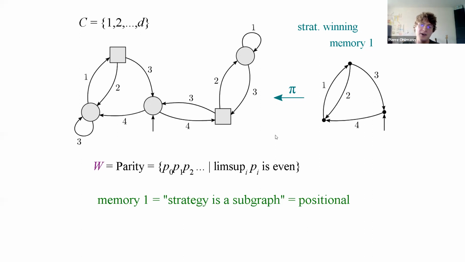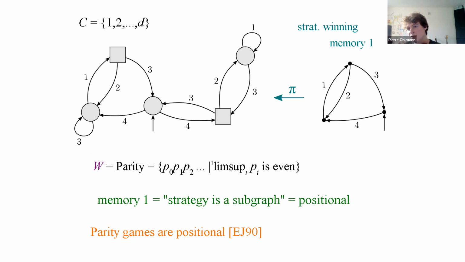And there's a very important result about these games, parity games, that they are positional. So even if the game graph was infinite, it would still be true that if you can win, then you can win with a positional strategy. Okay, so I'm just going to repeat this. Whenever you're playing a parity game, a game specified by this objective, even if the graph is infinite, if you can win, then you can win by playing always the same thing.